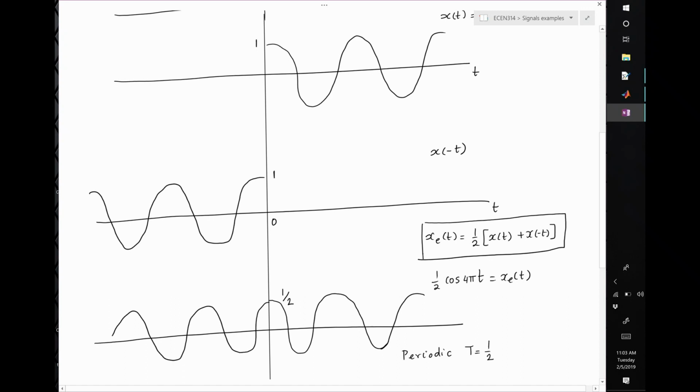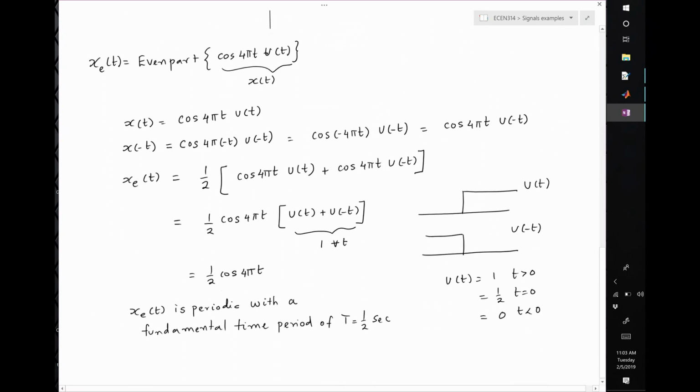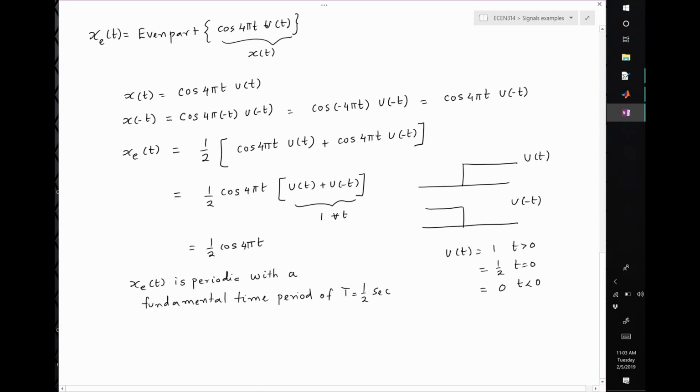Now I also want to take some time to explain how to solve this problem without explicitly drawing these pictures and just relying on the math. Again, we're asked to compute the even part of cosine 4 pi t times u of t, and let's start by thinking of cosine 4 pi t times u of t as x of t.